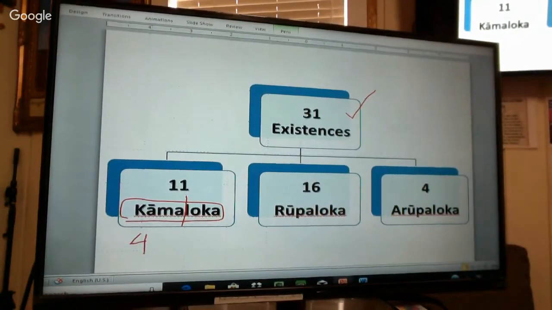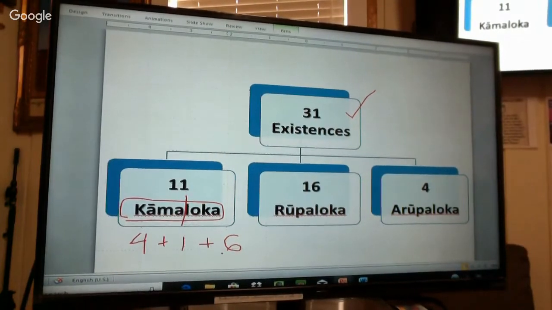The woeful planes are hell, the animal kingdom, hungry ghosts, and demons. Then the human world, which is good, and 6 kinds of celestial worlds: Catumaharajika, Tavatimsa, Yama, Tusita, Nimmanarati, and Paranimmitavasavatti. So 6 kinds of celestial planes, altogether 11.